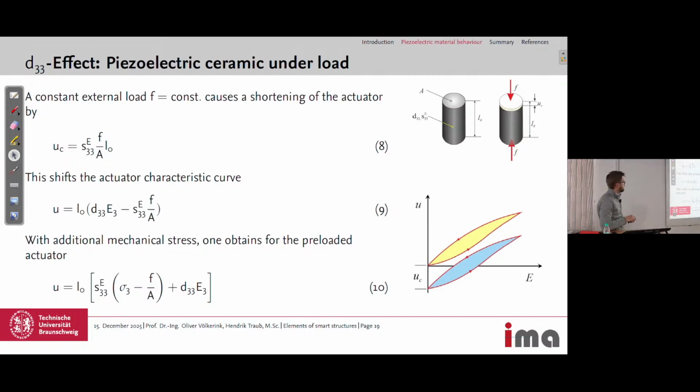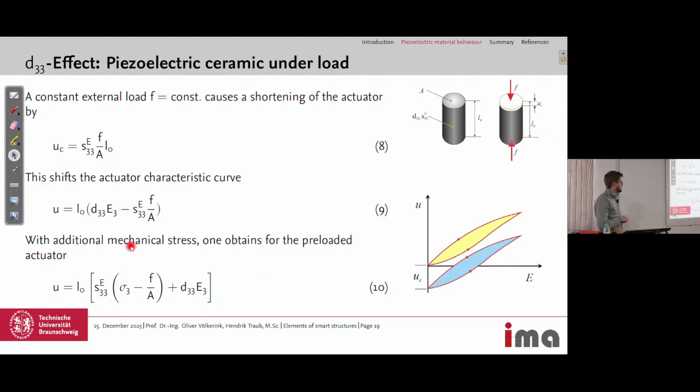And if we use this in the equation from before, so if we add this to the equation, then we can see now with the hysteresis again to show it, but we are at the small signal behavior, so it would only be a line, but to show the effect, we would shift the characteristic curve just a bit down with a constant loading.